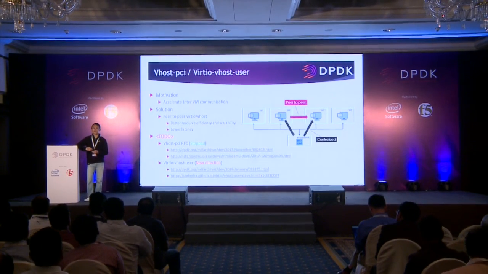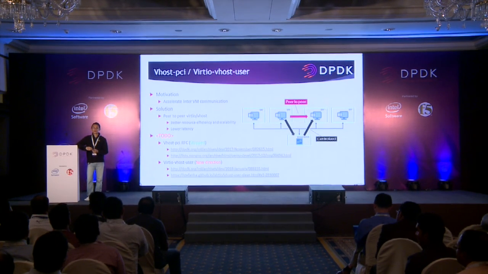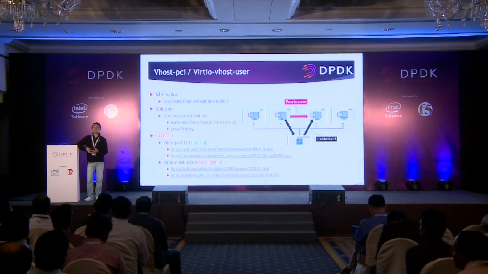Yes, but each virtual machine has a separate memory address space, right? How does it become accessible to other virtual machines? It's the same as what we're doing with vhost. You share memory, and the memory region can be shared to another process. Okay, thank you.